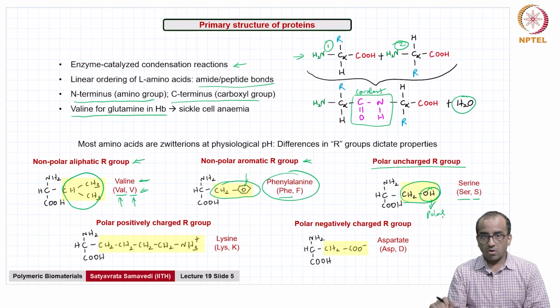So, those 3 on top are not charged, and the 2 on the bottom are the charged amino acids.